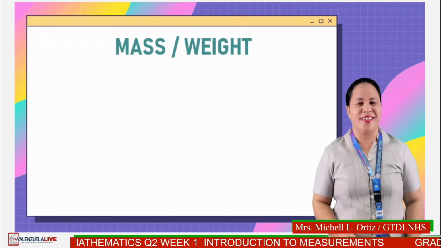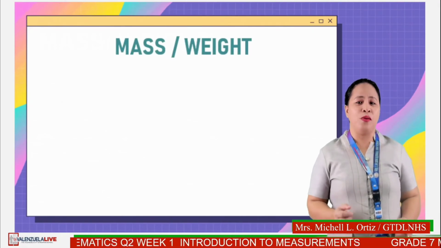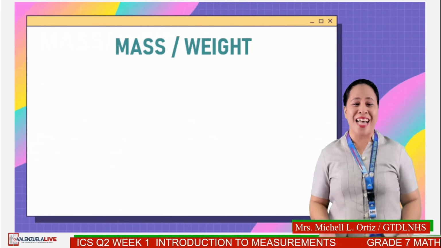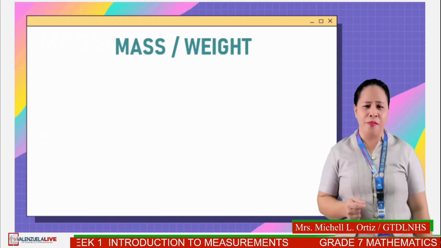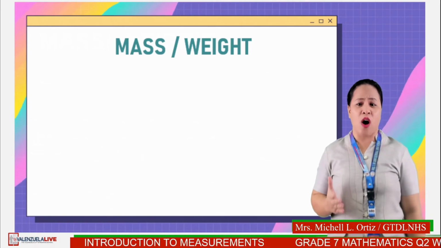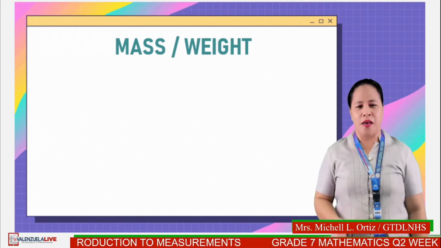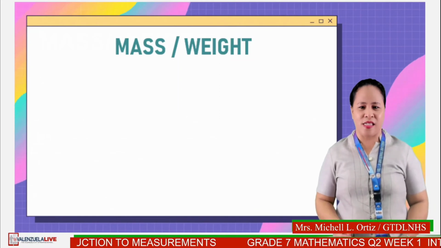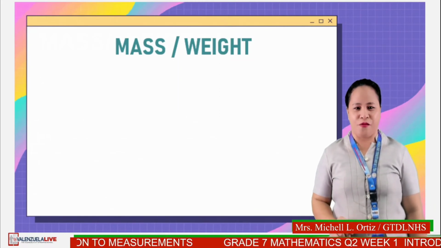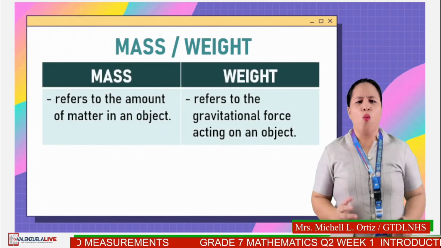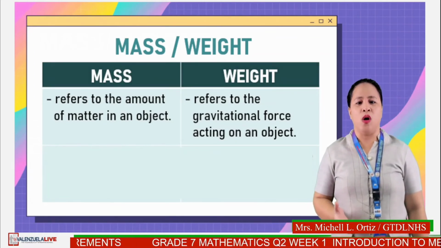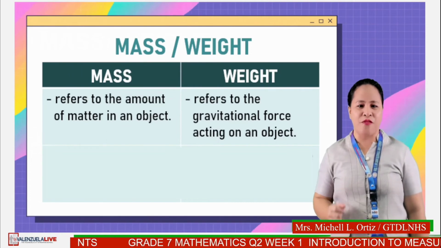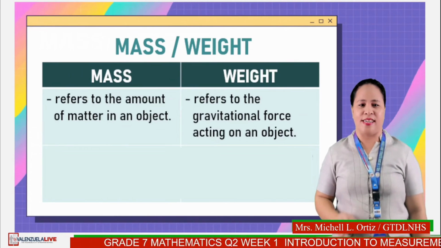Mass or weight. In our daily life, we usually use the words mass and weight interchangeably. And most of the time, we refer to the mass of an object as its weight. But in the world of science, these two words are different. While mass refers to the amount of matter in an object, weight refers to the gravitational force acting on an object.